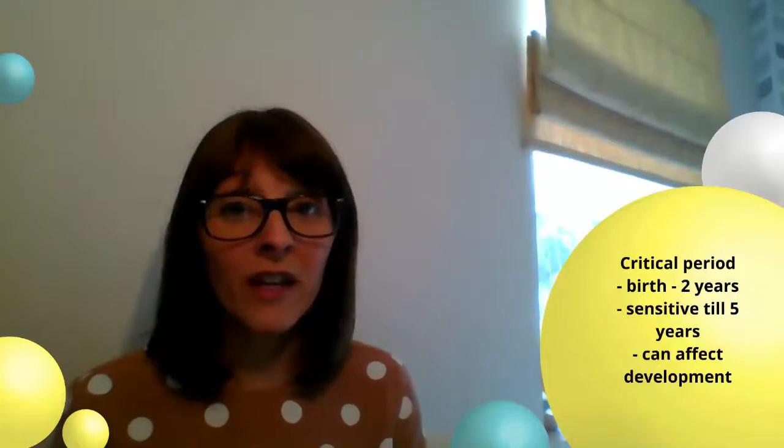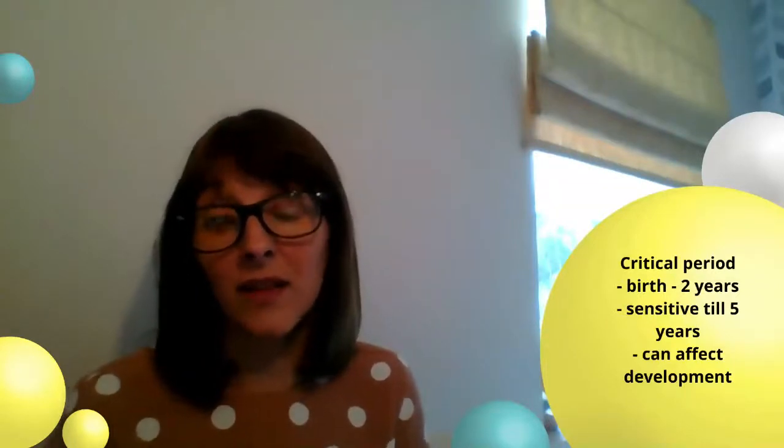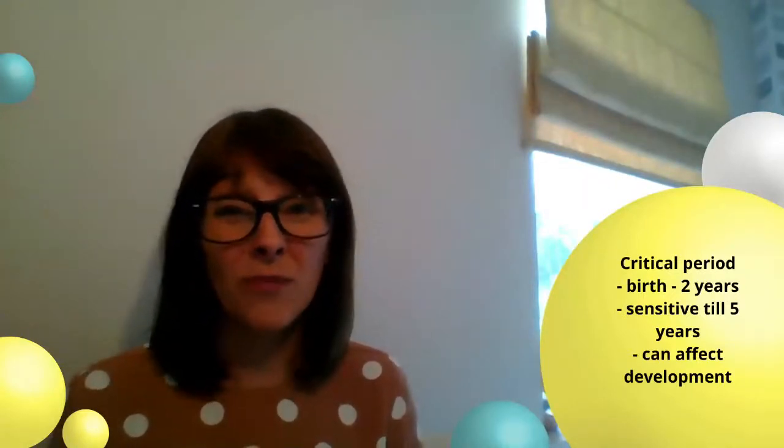The sensitive period is up to 5 years, and if separation occurs in this time between the infant and the primary attachment figure, it can have negative effects on their development. This could be their social, emotional development. Sometimes it could be their physical development also, and it could also be the development of future relationships and future attachments to other people and to their own infants.